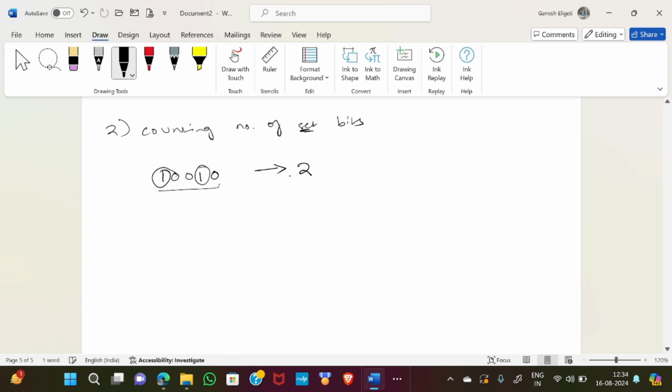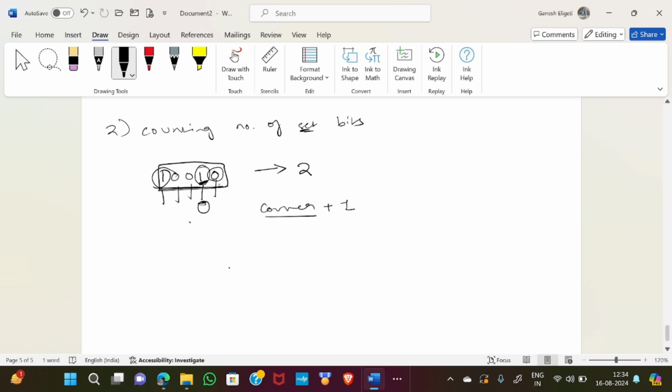Now, how do we program this? So what we will do is keep this in a loop. When we put it in a loop, we keep ANDing every number with 1. Whenever we AND it with 1 and the output is 1, we add to our counter. Keep a counter variable and add plus 1 whenever we get an output of 1.